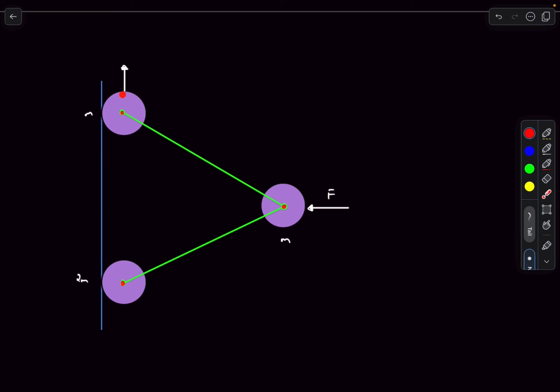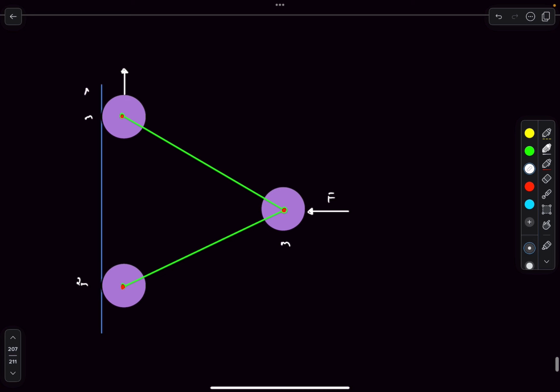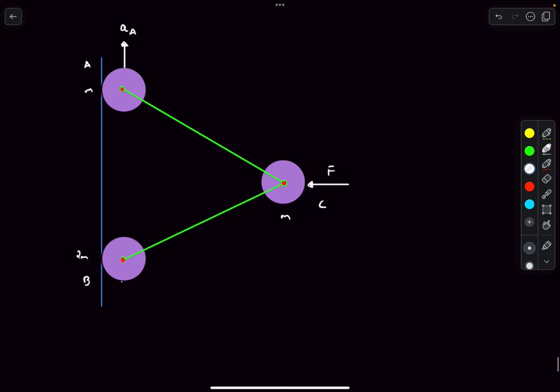Which means its acceleration must be parallel to the wall, or in the upward direction. So this was disc A, this is B, and this is C. I'm going to call the acceleration of disc A as capital A_A, and similarly the acceleration of disc B as capital A_B. Now the thing about disc C is that we cannot say directly that its acceleration is going to be vertical or horizontal, because that will depend on some more factors.